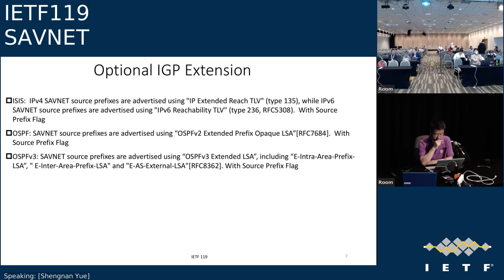For OSPF, SAVNET source prefixes are advertised using the OSPFv2 extended prefix opaque LSA, and for OSPFv3, SAVNET source prefixes are advertised using the OSPFv3 extended LSA. Next slide, please.